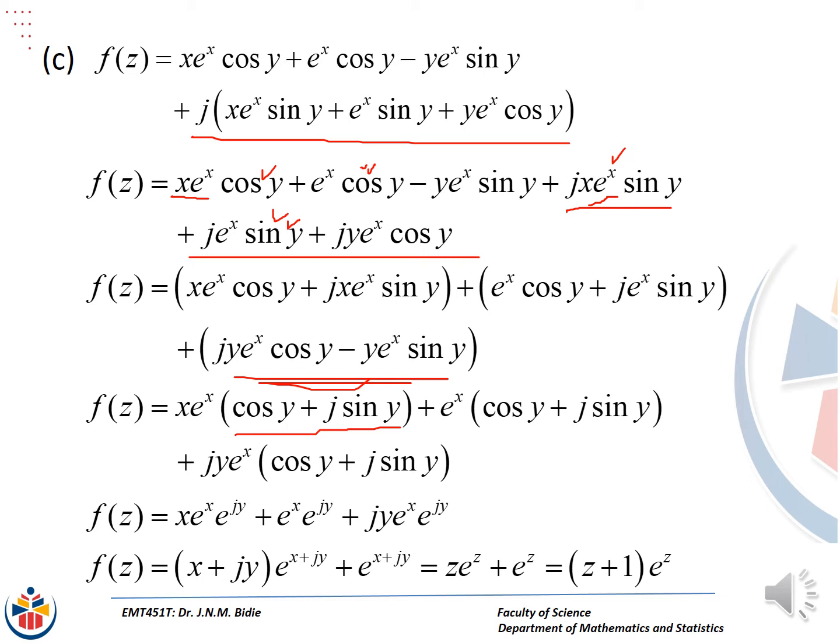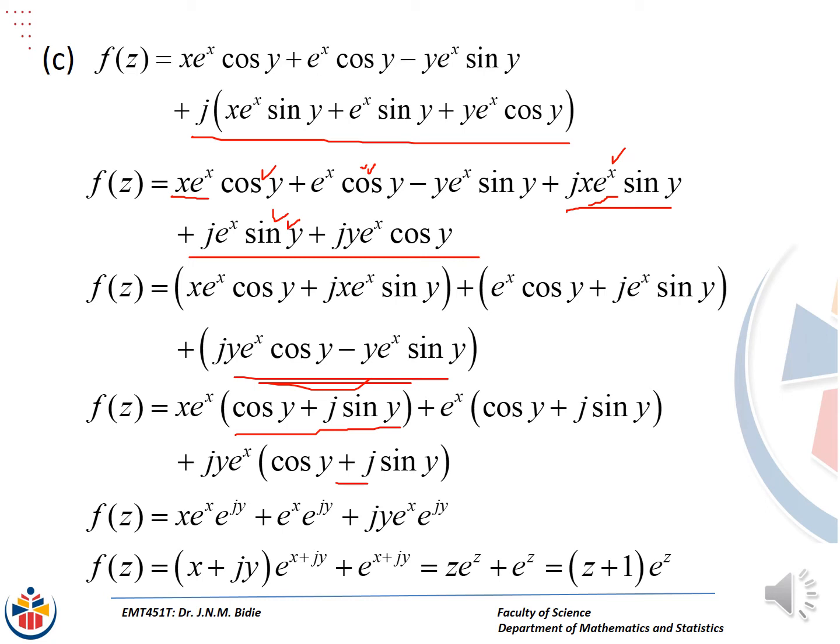We need to remember -1 is equal to j squared. So all in all, this was just plus j squared y e to the power x sine y. So that means j can be taken out, leaving us with plus j, because j times j will give us j squared, which is equal to -1.